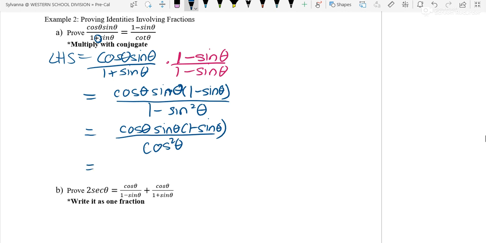Okay, and then I can see that I can cancel a little bit out by canceling the first cos term at the top and then another cos at the bottom. So then now I'm left with sine theta times 1 minus sine theta all over cos theta.